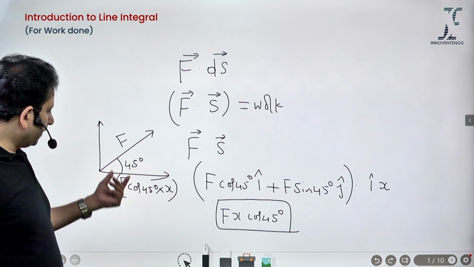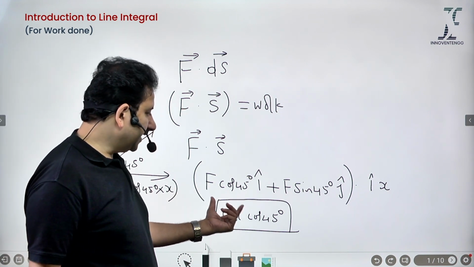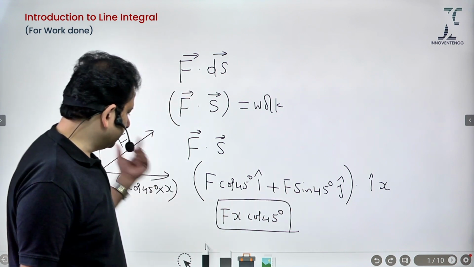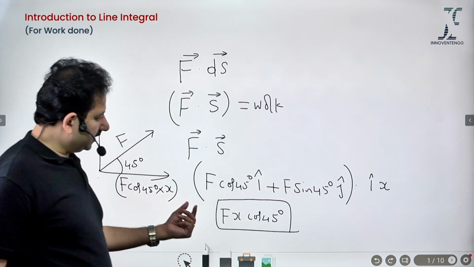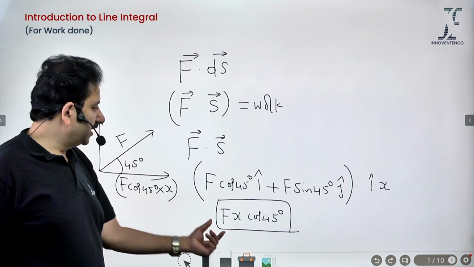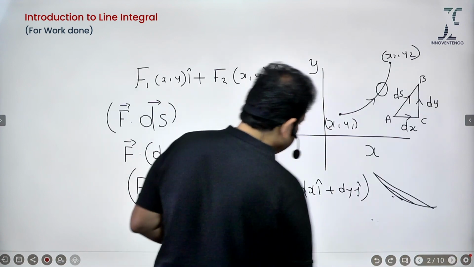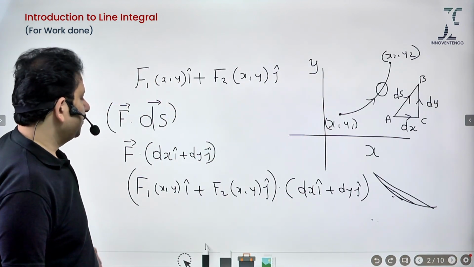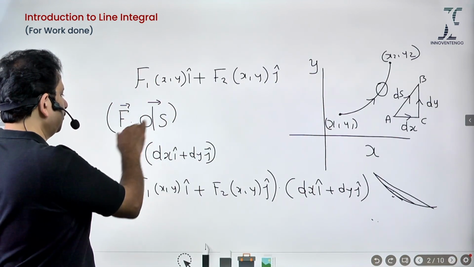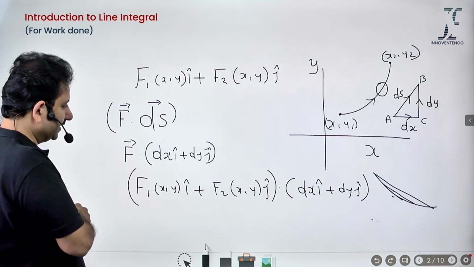And I gave you the example of this force, which can be represented as f cos 45 as the i-th component, f sin 45 as the j-th component. Since the displacement is along the x-axis, it is just the i-th component which will give you the work done, which is f dot s. But if you are displacing along a curve, you cannot generalize, so you will have to calculate the elemental work, which is f dot ds.